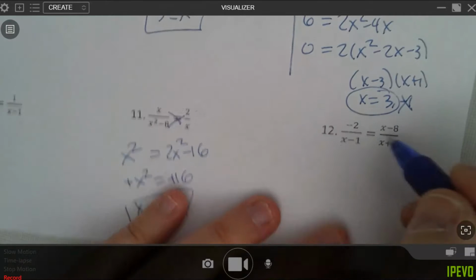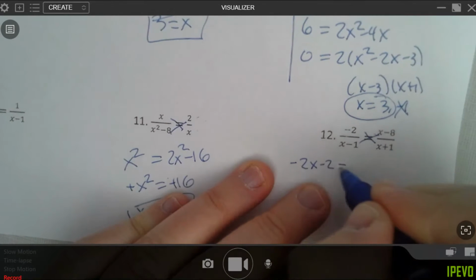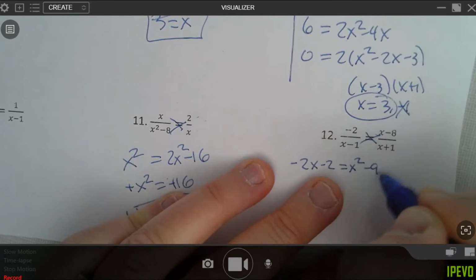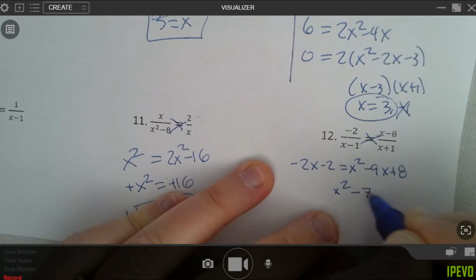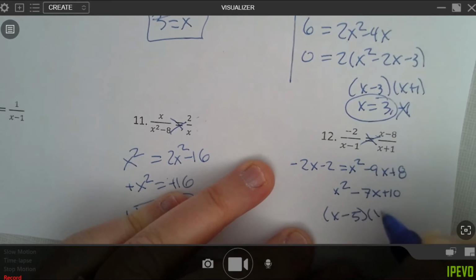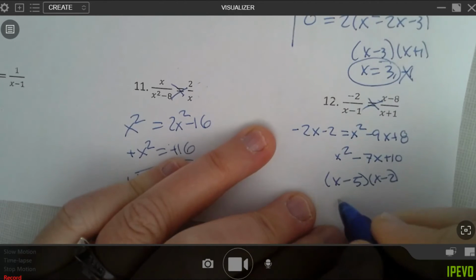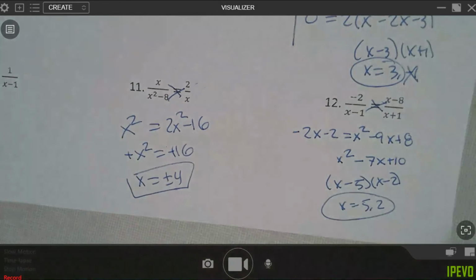Okay, cross multiply. So I get x equaling 5 and 2. Neither make the bottom 0. So we're good to go.